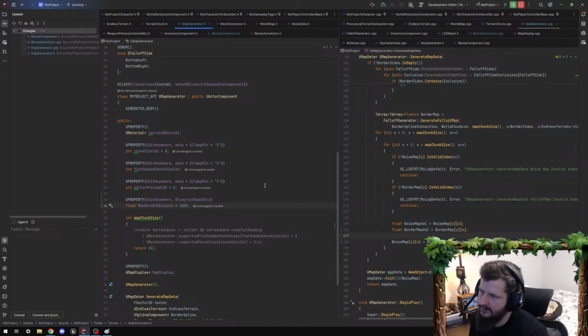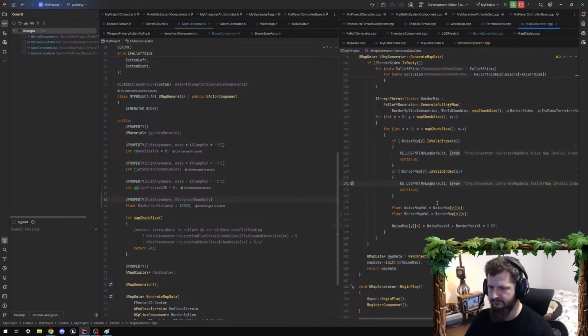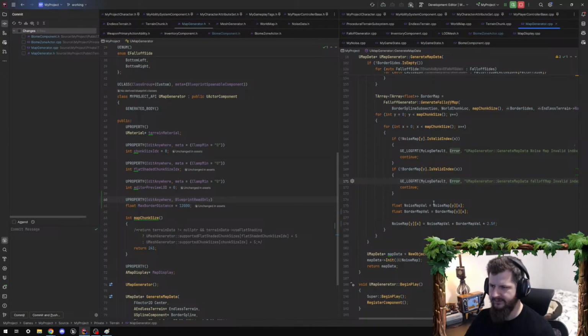1,000? Because a chunk is 12,000. So maybe I'll just do, let's just do 12,000, because that's about how wide the chunks are. So let's do that. And so I'll want to lerp between 0 and 12,000 for the distance to get a value.